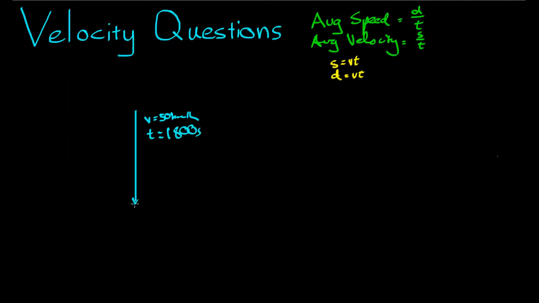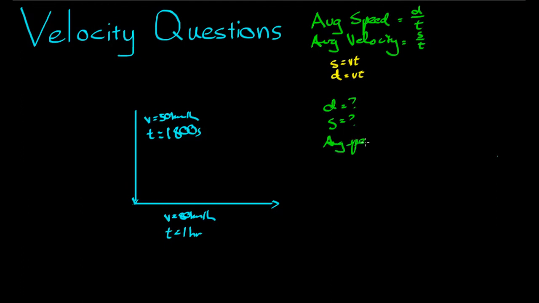And then he turns a corner and travels at 80 kilometers per hour east for a total time of 1 hour. And the questions are the same. First of all, total distance travelled, then displacement, then average speed, and then average velocity.